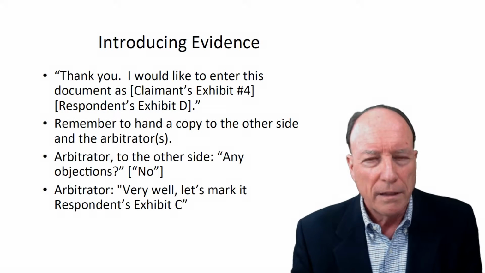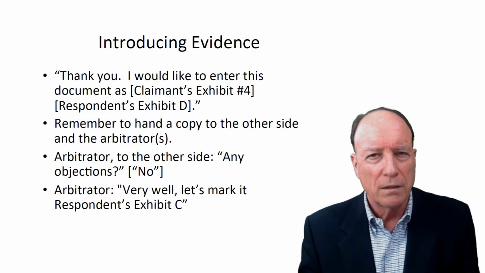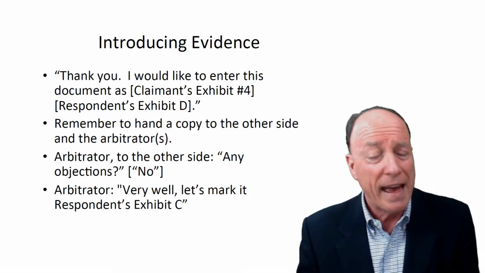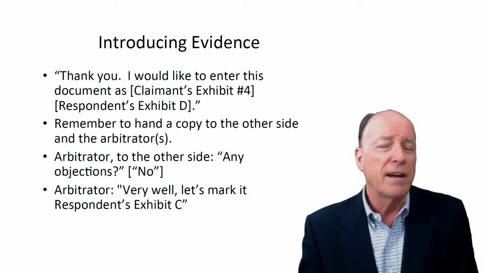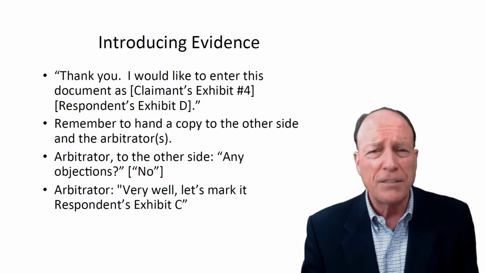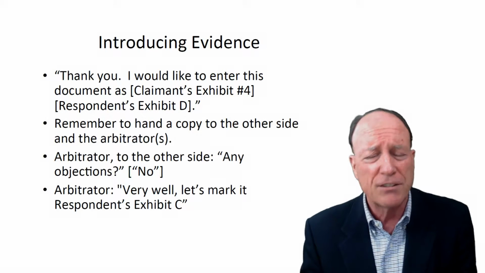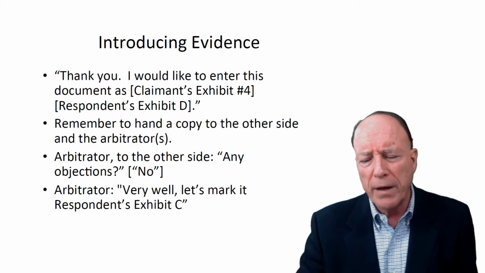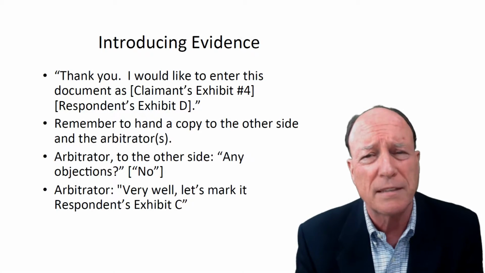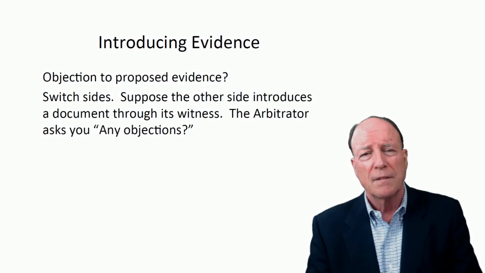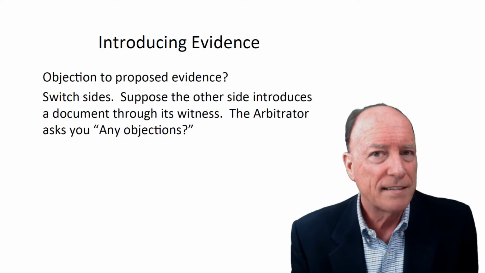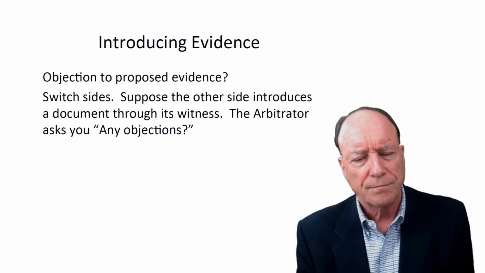Now, a good arbitrator will certainly ask the other side if there are any objections. The other side examines the document. Perhaps they say no objections, and the arbitrator says, very well, let's mark it as Respondent's Exhibit C, or whatever. What if the other side does have an objection?